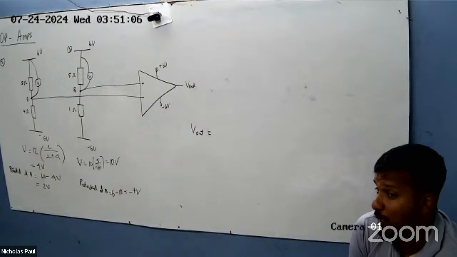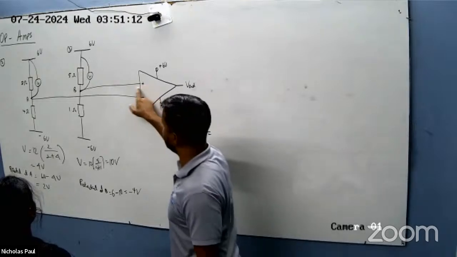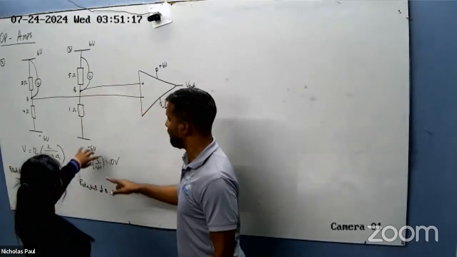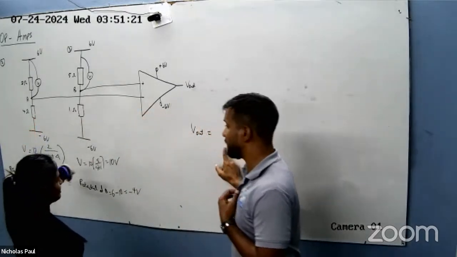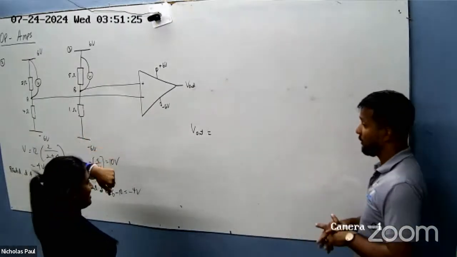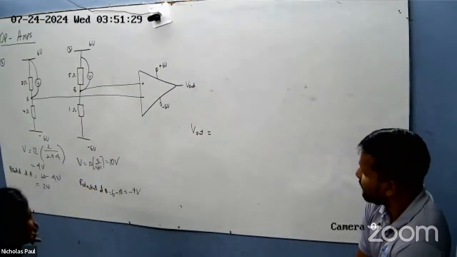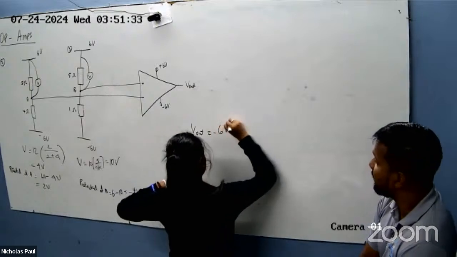Which one is larger? The value at the non-inverting or the value at the inverting? The inverting is larger. So will it saturate high or low? Low.